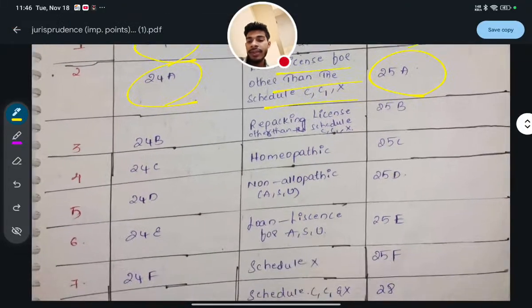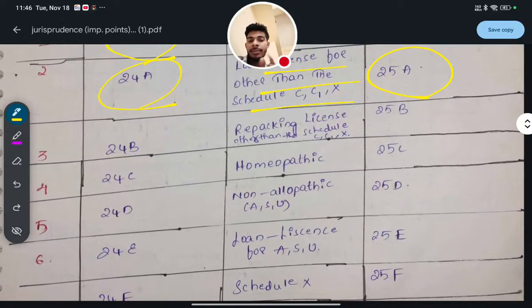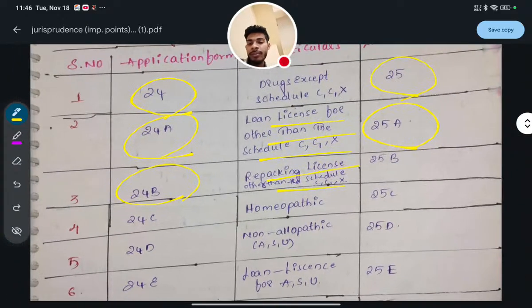Next, for repacking license for drugs other than Schedule C, C1 and X, the application form is 24B and the license is 25B.